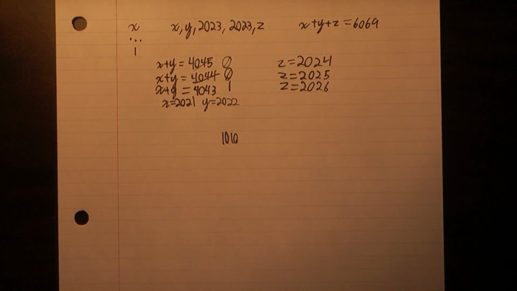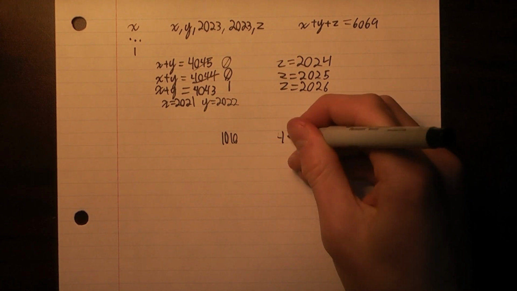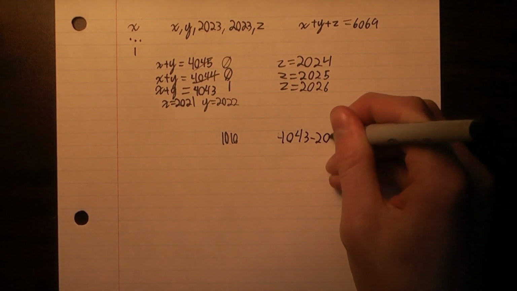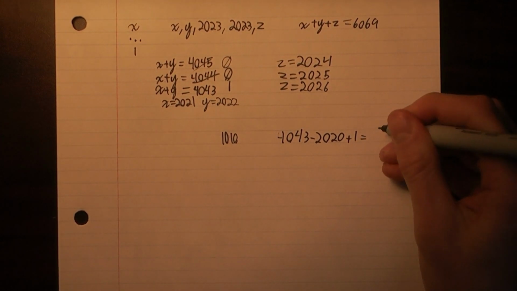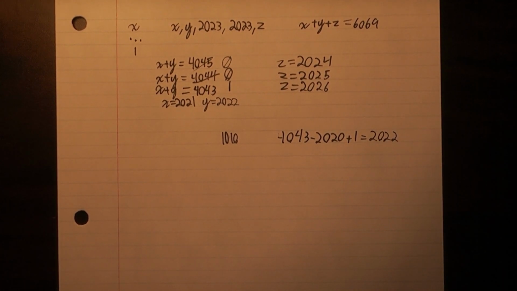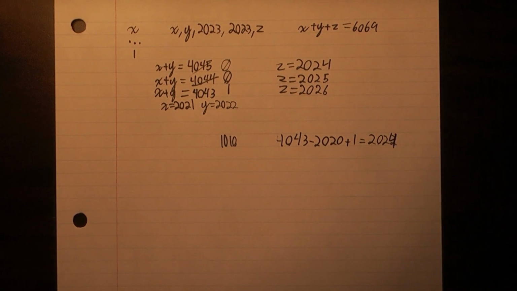And to find this, we can use a trick we learned in one of the previous questions. 4043 minus 2020 plus 1 equals 2022. Or, no, 2024. Apparently Isaac can't do math.